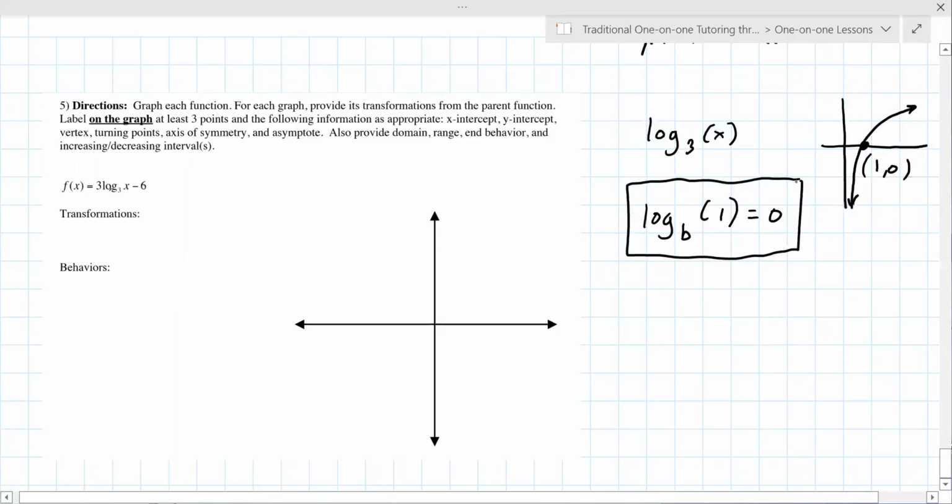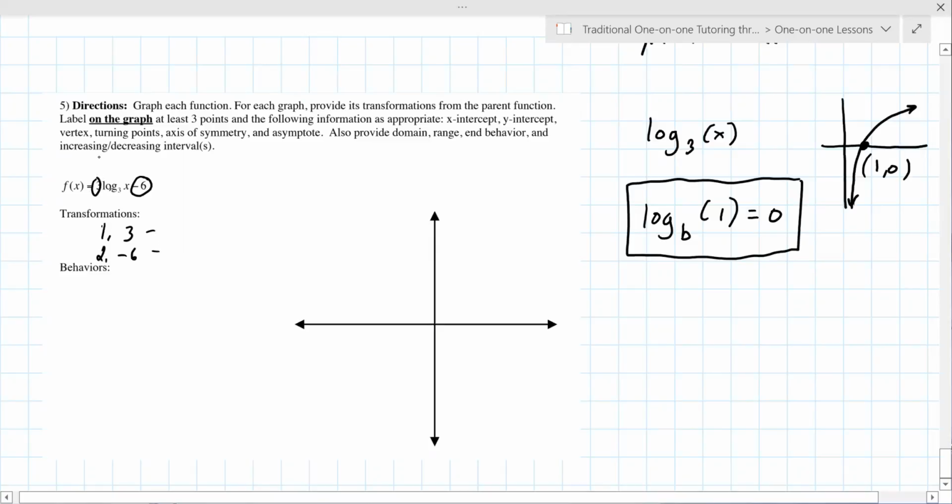Okay, so the first thing we're going to do is transformations of parent functions. There's two: this 3 out in front, and then there's this -6. The 3 is just like what we've seen before.